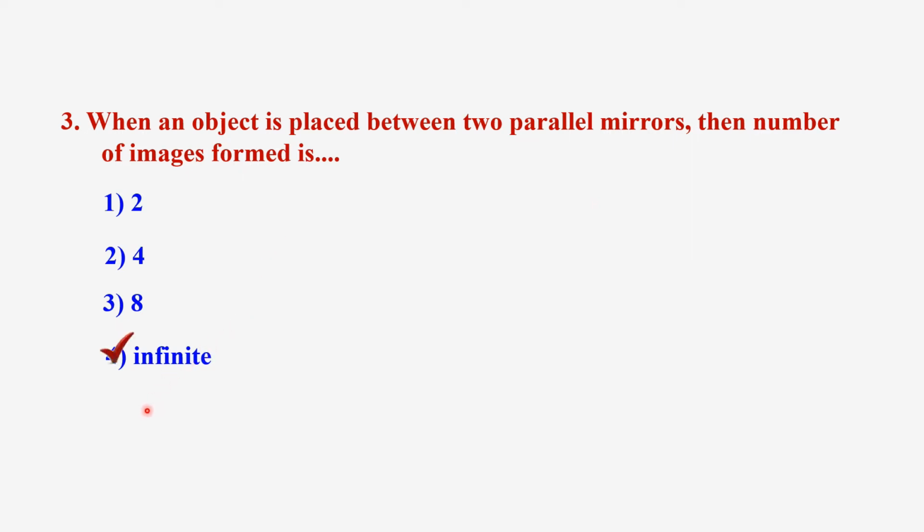Parallel is nothing but they are not intersecting, they are not intersecting at any angle. That's why the number of images formed is infinite. So when an object is placed between two parallel mirrors, the number of images formed is infinite. Okay. Next.